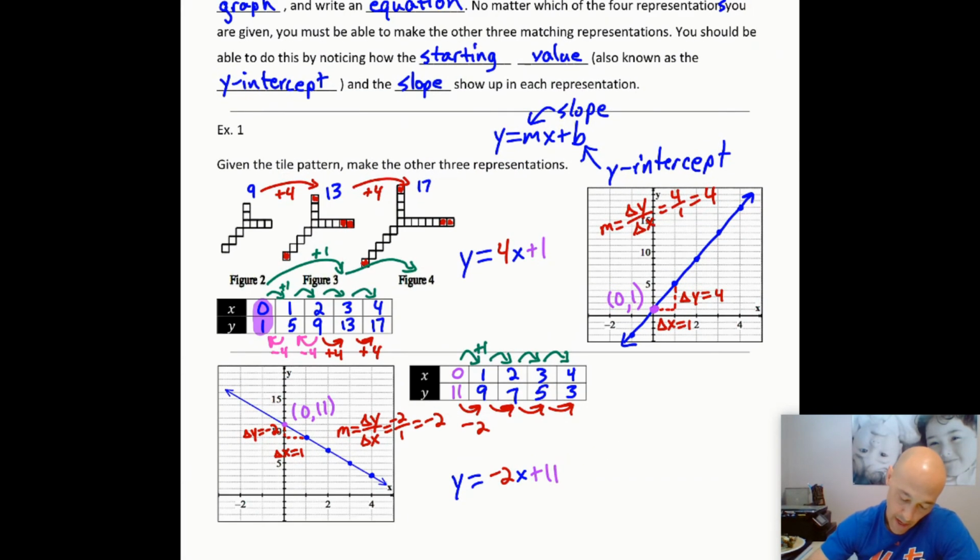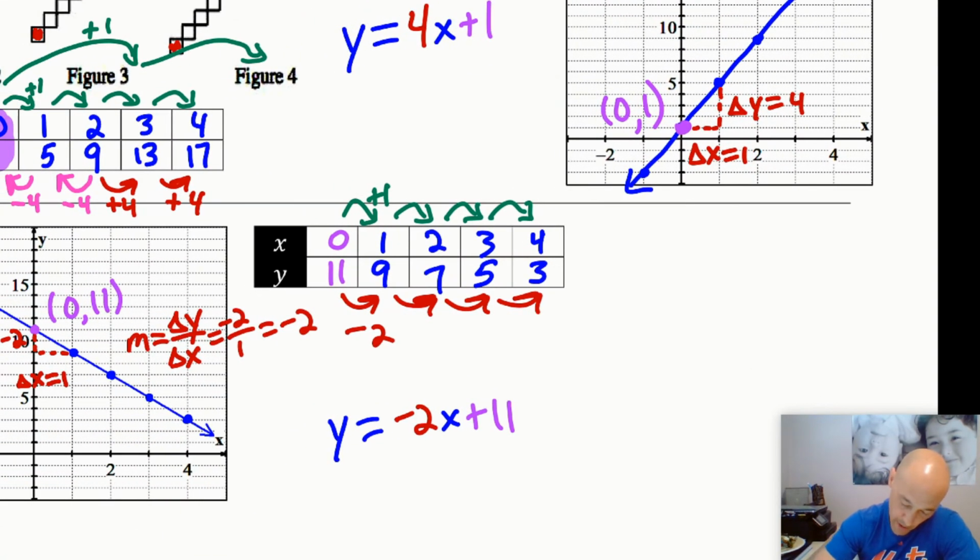Now we need to make a tile pattern. And this can be a little bit of a pain, but let's just do our best here. So we're going to make figure 0. So I'm going to move that up here, sorry. We need some kind of a tile pattern that's going to have 11 tiles in figure 0.